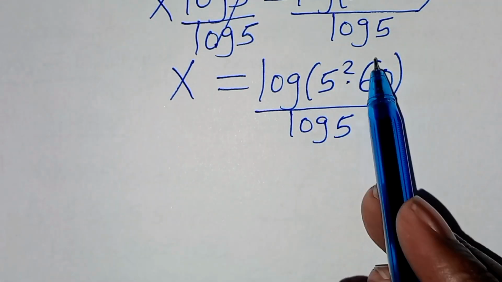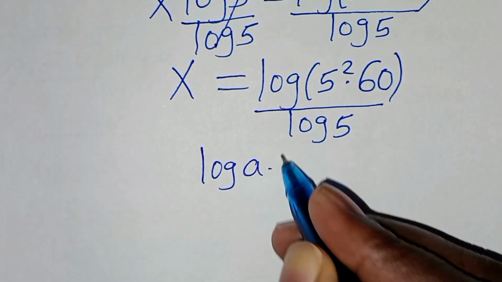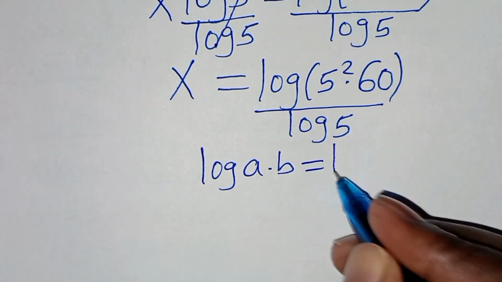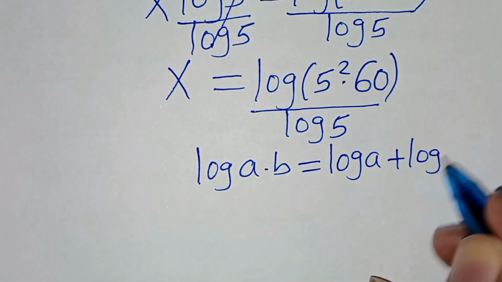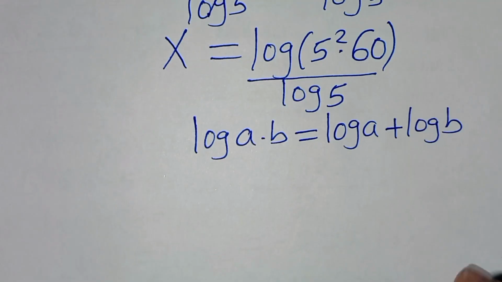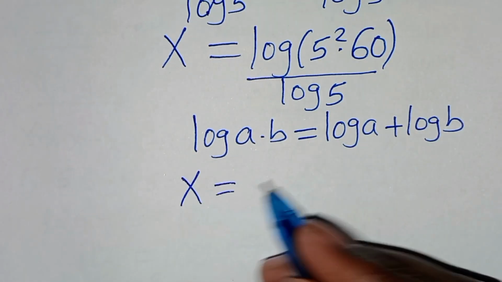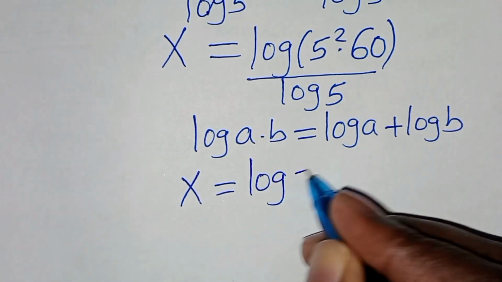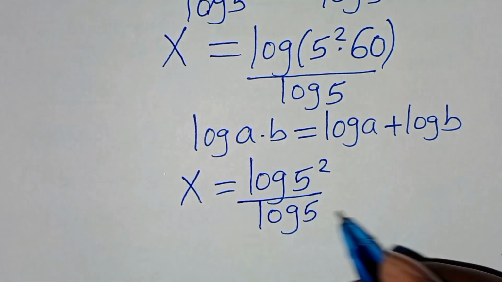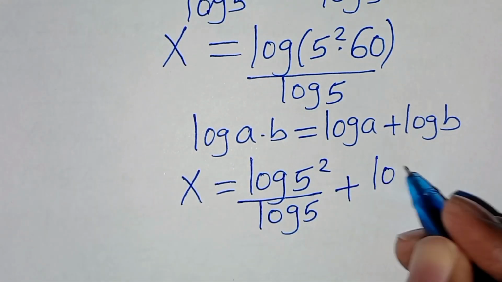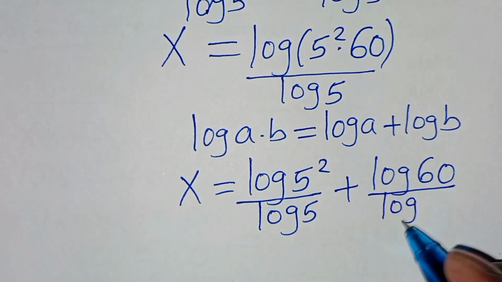Log of 5 to the power 2 times 60 is in the form of log a times b, which we can express as log a plus log b. Applying this logarithm property, we have x equal to log 5 to the power 2 divided by log 5, plus log 60 divided by log 5.